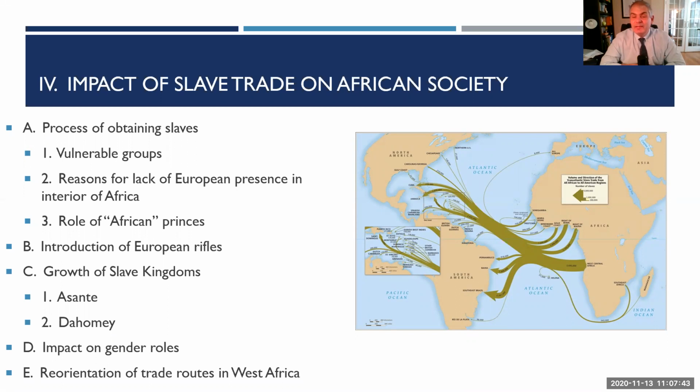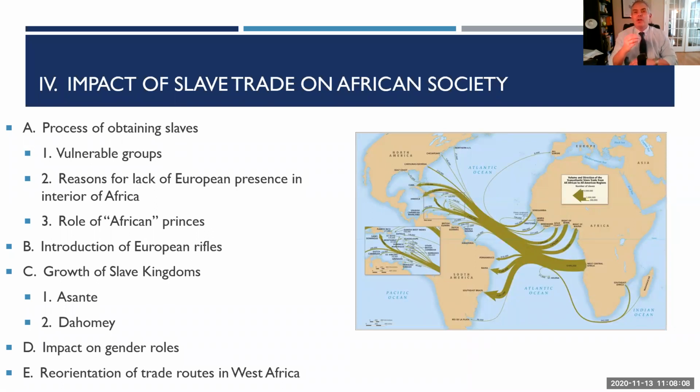And then the third thing is that the disease of malaria acted as an effective defense against European intrusion because Europeans did not have an immunity or exposure to malaria, and getting exposed to malaria was certain death for any European explorer or conqueror or raider who was going into that region.